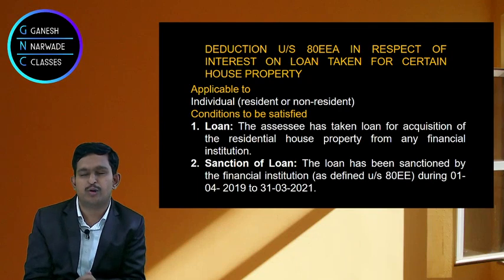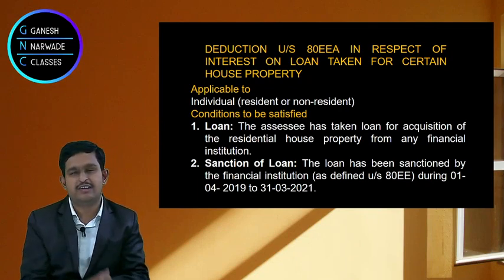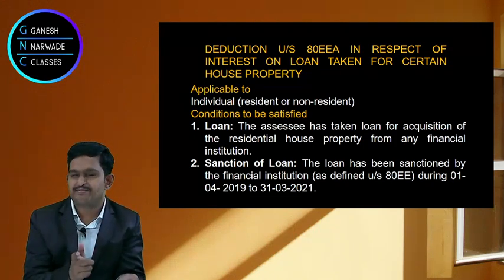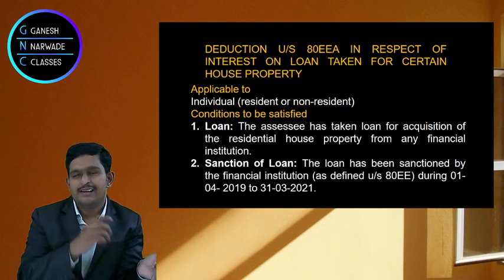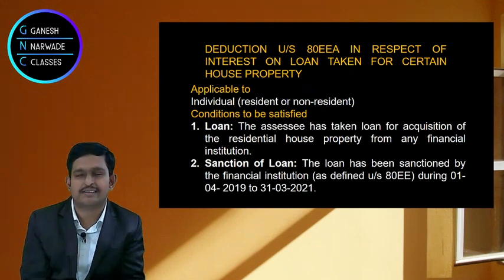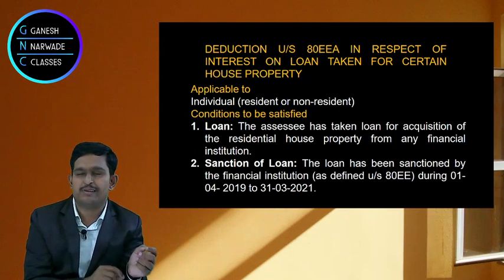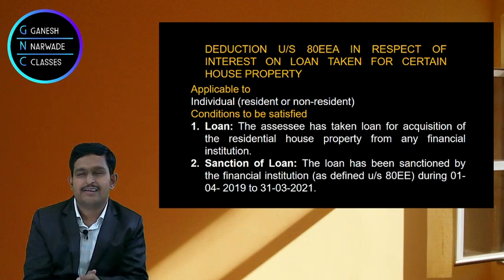Now deduction is given for whom? Sir, individual, resident or non-resident. So in 80EE also same. Yes sir, there also individual, resident, non-resident. Here also individual, resident, non-resident. There in 80EE loan for residential purpose. Here also loan for residential purpose. Yes sir.